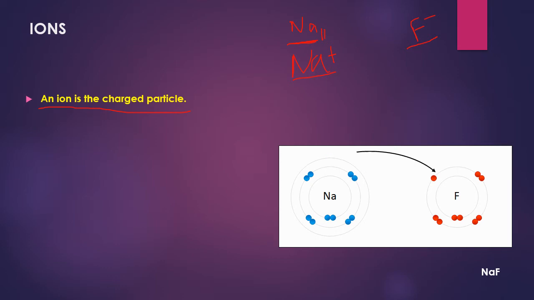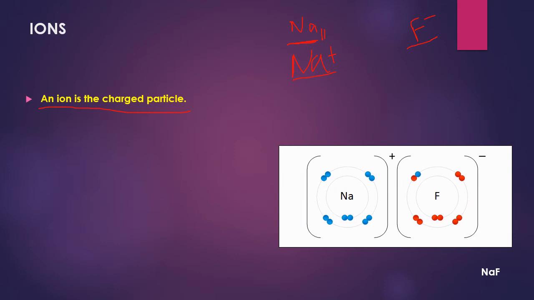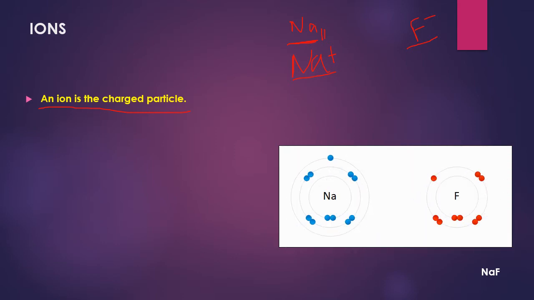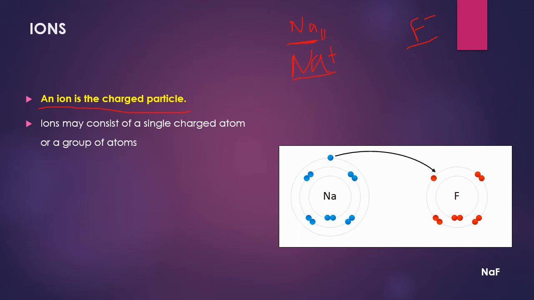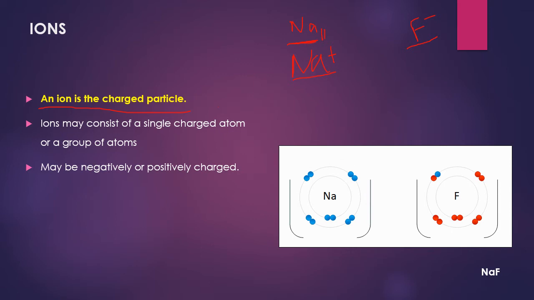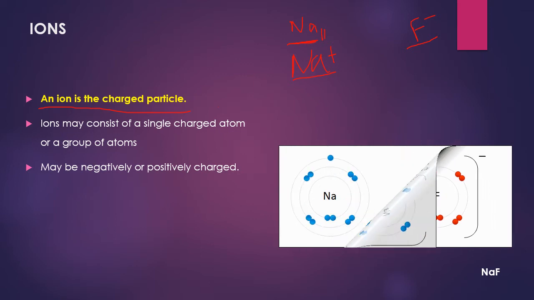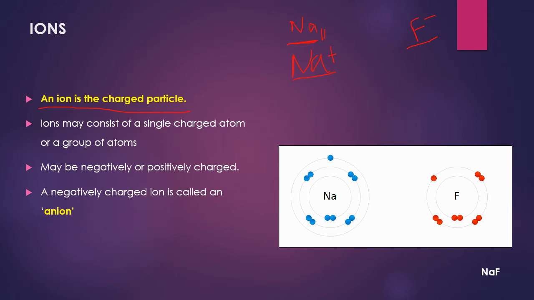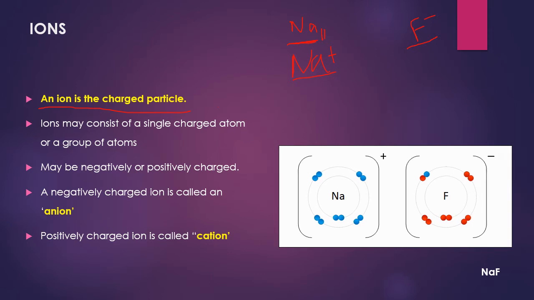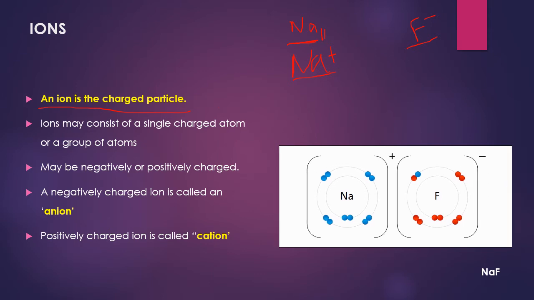So one proton is extra, so it will become Na plus. It is accepting one electron, it is becoming F minus. So that is ion. Ions may consist of single charged atom or a group of atoms. An ion may be positively charged or negatively charged. If it is negatively charged, this is called anion, and if it is positively charged, it will be called cation. So this was ions.